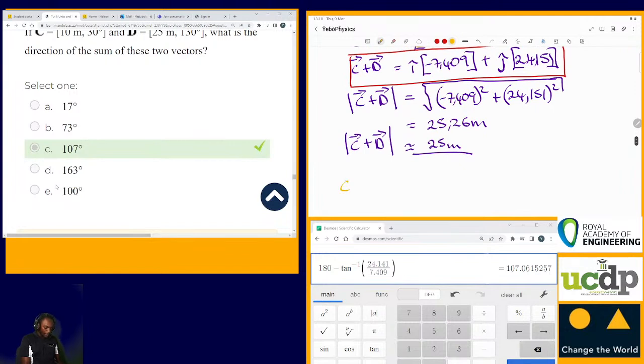So C plus D can also be represented like this, 25 meters with an angle of 107 degrees. So you can express your answer like that if the question asked for both the magnitude and the direction.